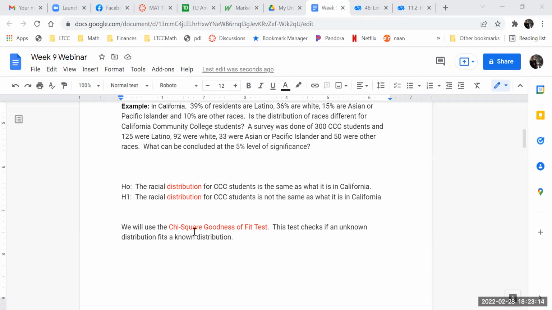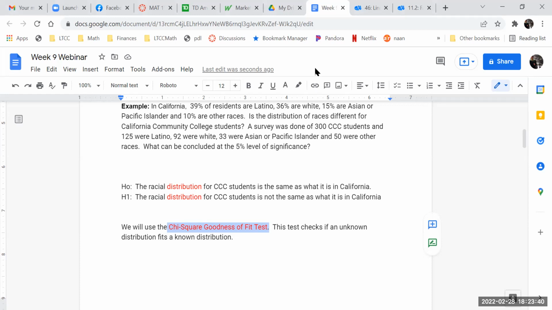Okay, so there's a step-by-step process in doing the chi-squared test. And some of it you're already used to, like step 1 is to write down the null and alternative hypothesis. Step 2 is to decide what test to use. This time chi-squared goodness of fit test. And once you've decided that it's a chi-squared goodness of fit test, comes the next step.